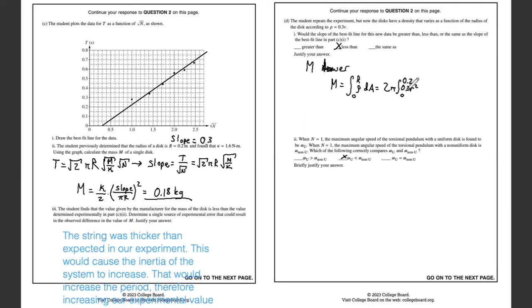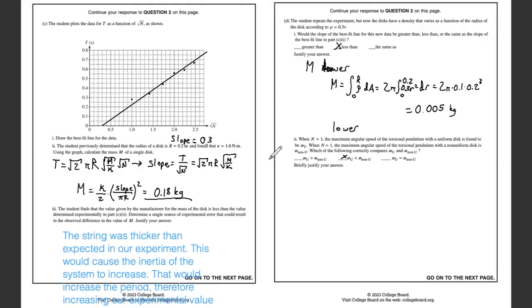You end up getting an extra R from the dA, and then you get an R from the mass density as well, with respect to R. And if you do the integration out, you get 2 pi times 0.1 times 0.2 cubed, which gives you a value of 0.005 kilograms.